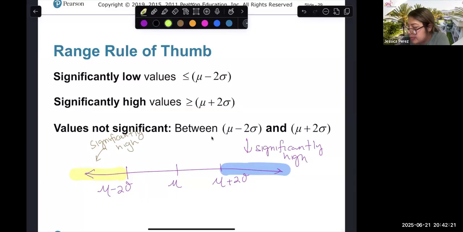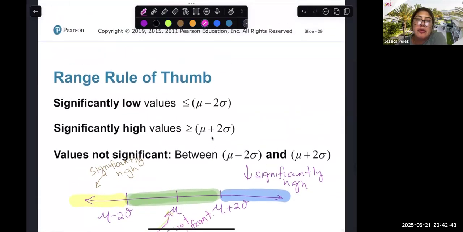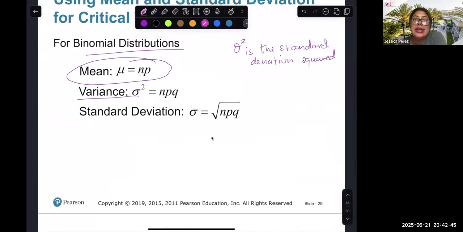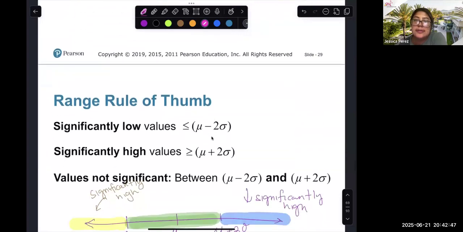And then here, the ones in the middle, the green, don't have significance. So that's the range rule of thumb for binomial distributions.